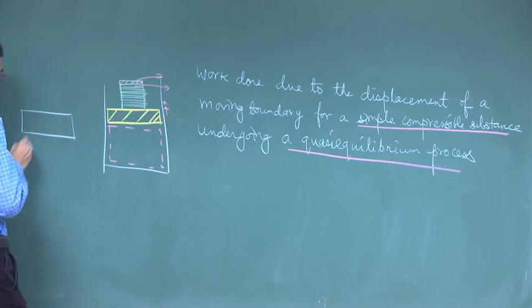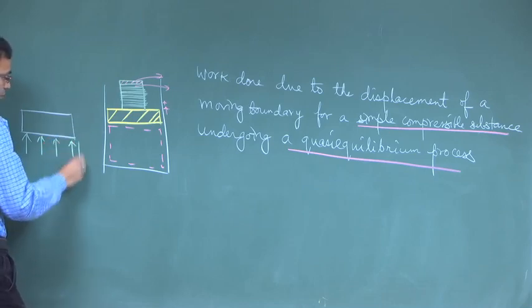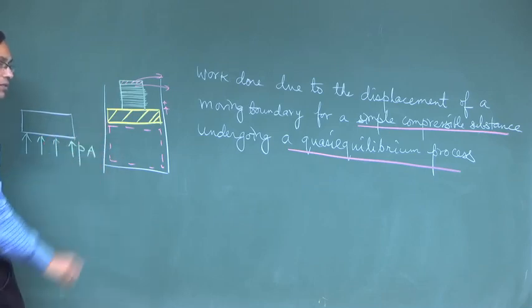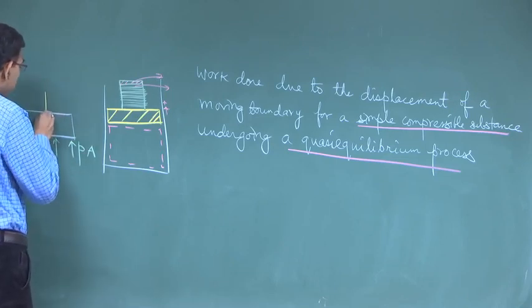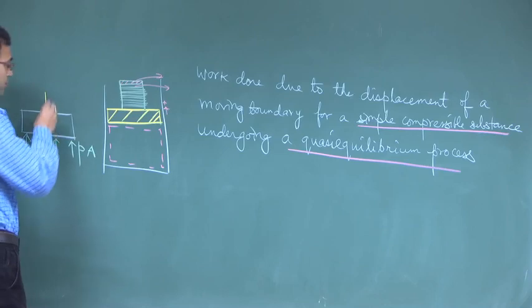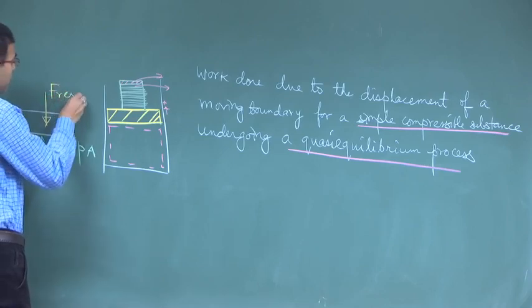So, there is a pressure from this side, there is a resistance force from the other side. What is this F resistance?